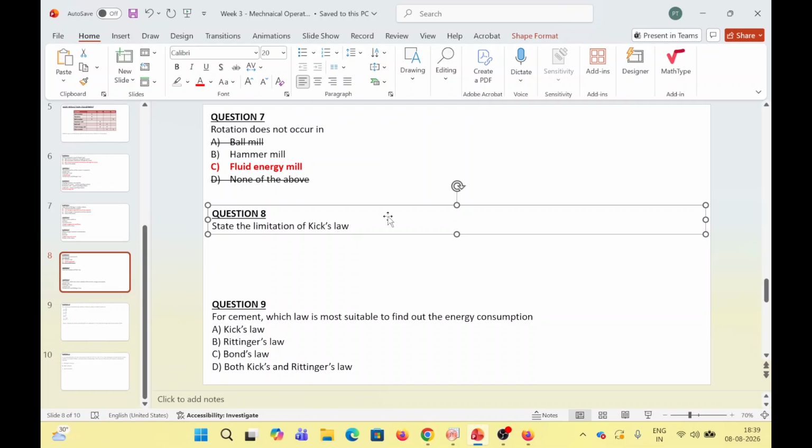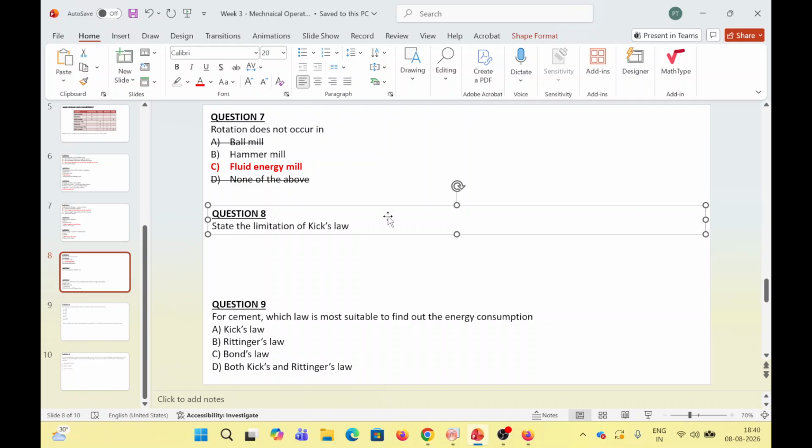Question 8, you need to tell me the answer, no options. The question is: state the limitations of Kick's law. Straightforward question. What is the limitation of Kick's law?